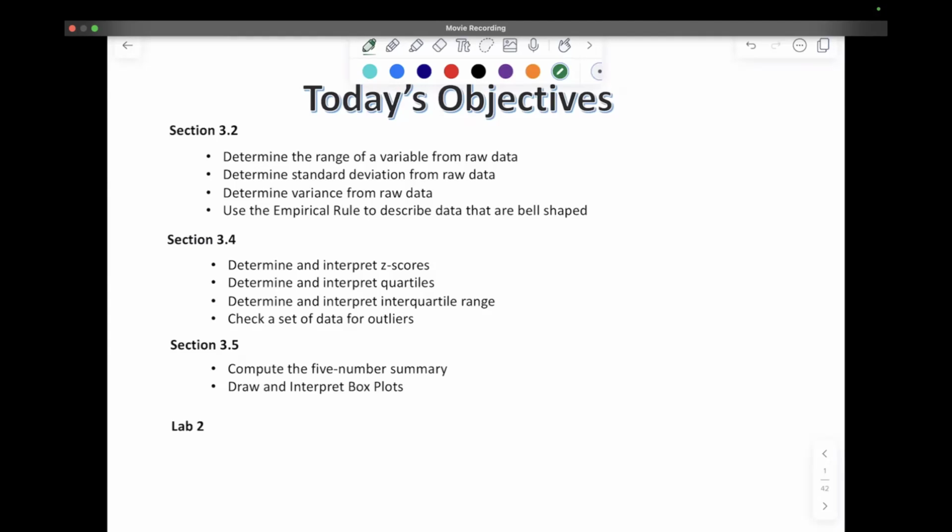So the empirical rule is one of those things that most people pick up really quickly, but for some reason, about 10 to 15% of the people, maybe even a little bit more than that, there's a disconnect there and it's really hard to wrap your brain around. And it's probably because it's a little bit abstract.